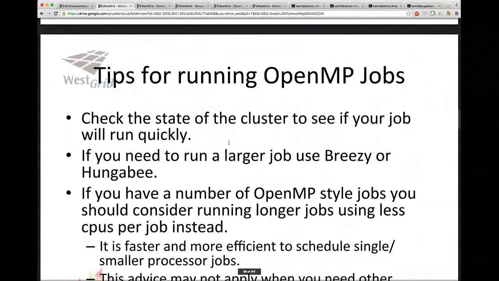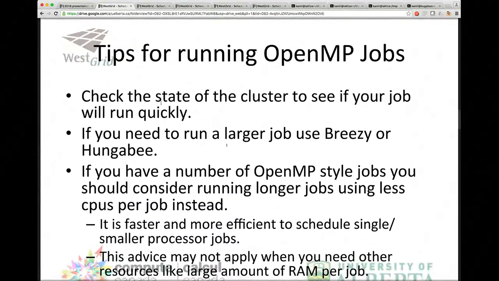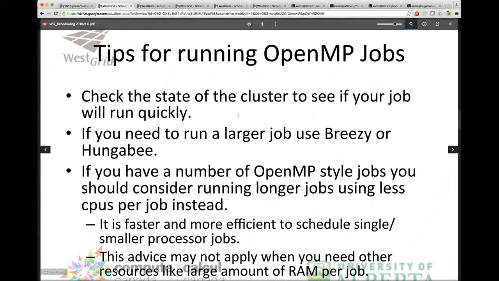So some tips for running OpenMP jobs. Check the state of the cluster to see if your job will run quickly. If you need to run a larger job, try using Breezy or Hungabee. So those are clusters with more cores per node. In fact, Hungabee has 2,048 cores on its single node.